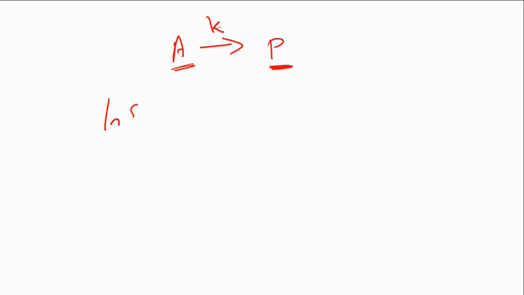The integrated first order expression for these types of things deals with the reactant, and not the product. So you would have to subtract the concentration of the product from the initial concentration to get the concentration of the reactant. Just to put that out there.